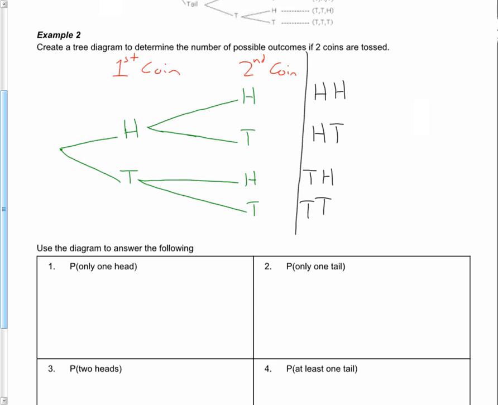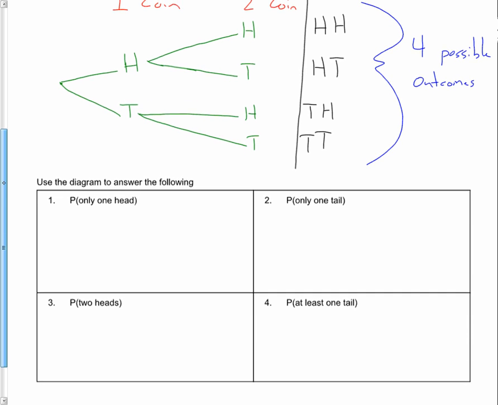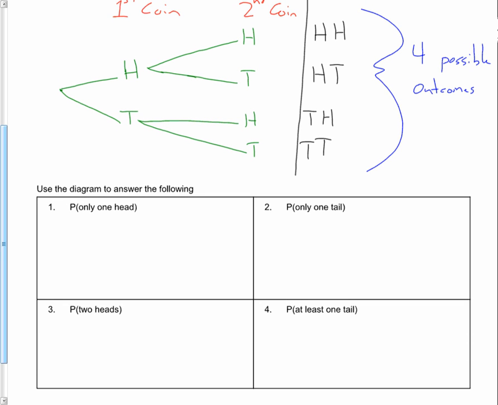So in total there are 4 possible outcomes when making this tree diagram. Let's use the information that we have here to complete the chart underneath, using the diagram above.